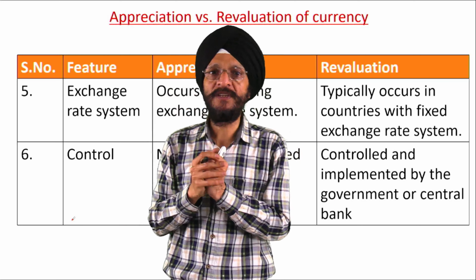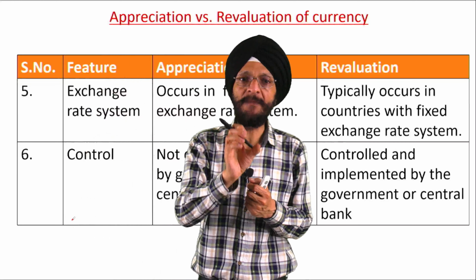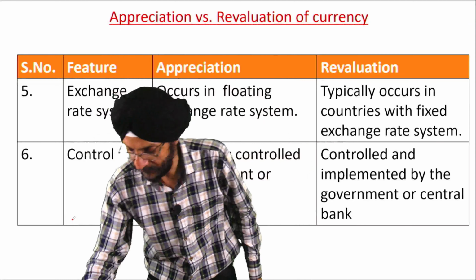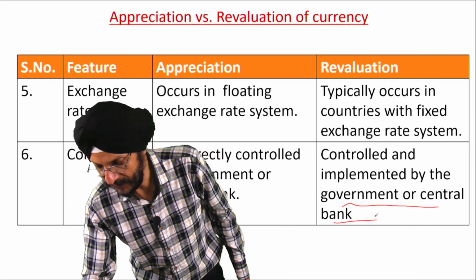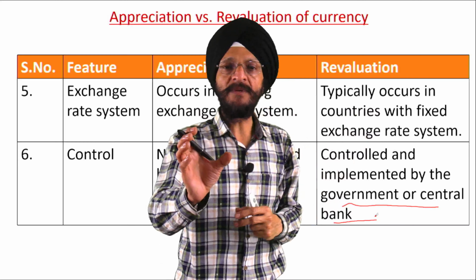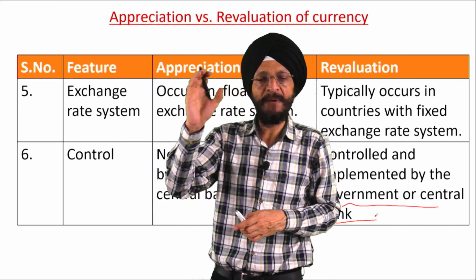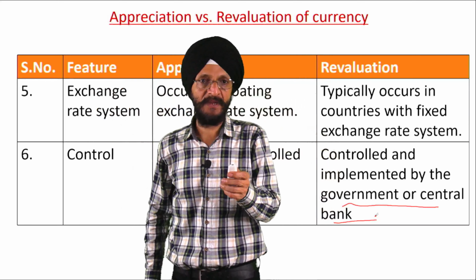But in the case of revaluation, the revaluation is controlled and implemented by the government or central bank. That is, the central bank or the government makes an announcement that this will be the revaluation of the currency. So it is controlled and implemented by the government and central bank.